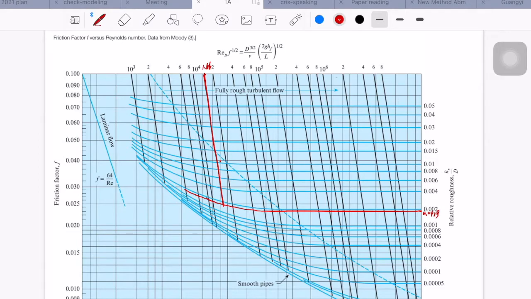And we can find maybe the intersection. I found the F. So we can find the F. Maybe it's 0.025.